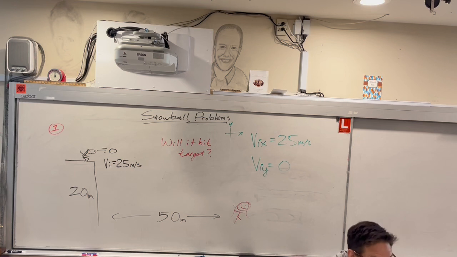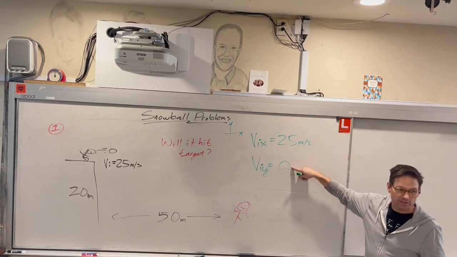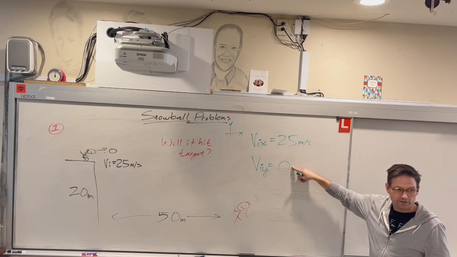Costa, what makes this snowball fall? That is 20 meters up in the air. No. If it's 20 meters up in the air on a space station, it won't fall. Ground. Good. Gravity. Lucy, what direction does gravity pull? Down. So is this velocity going to change, Romina? This one? Yeah.